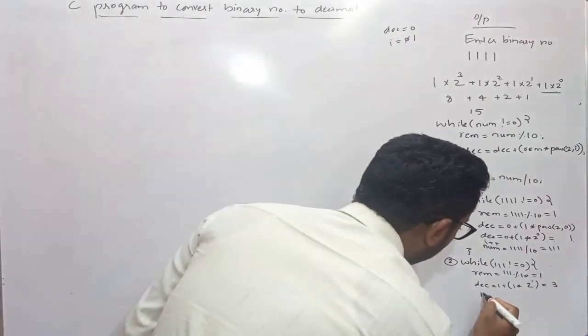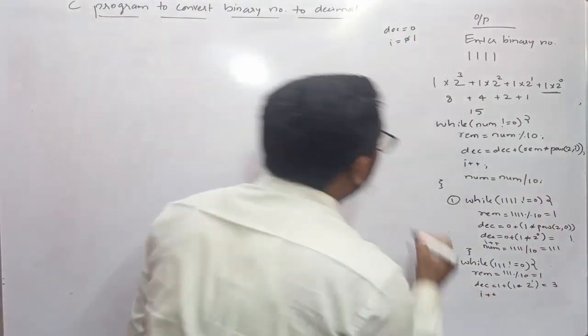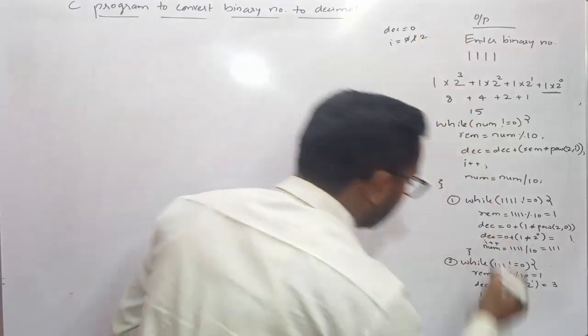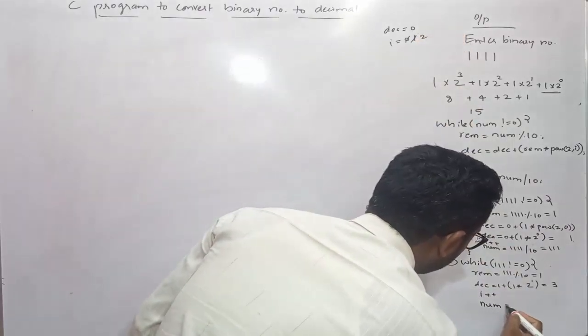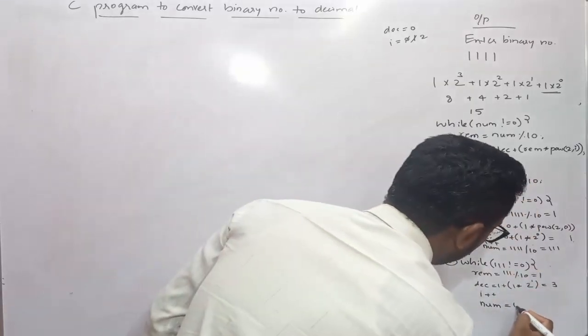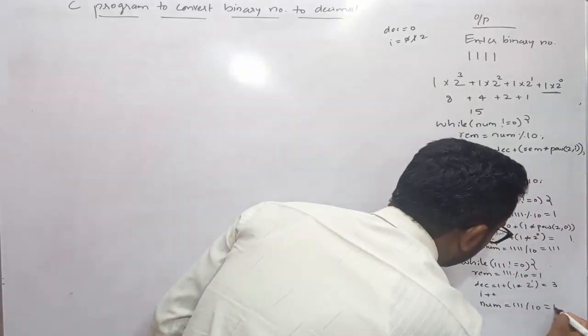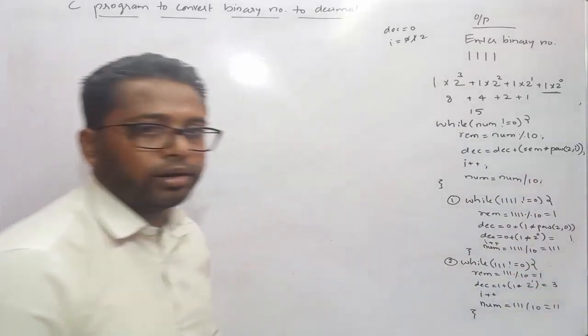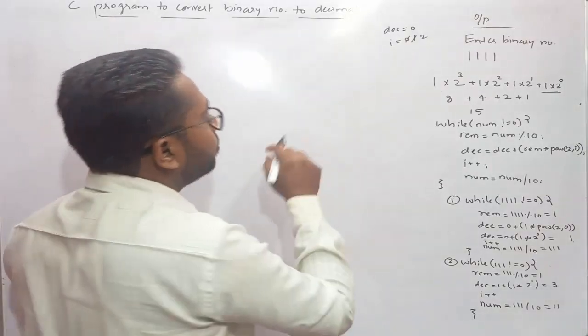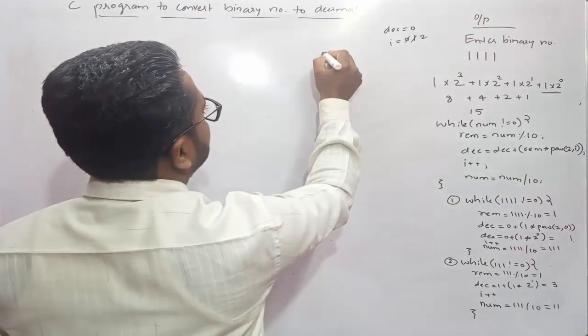Now I need to increment the value of I, so I will become 2. Then num equals num by 10, which is 111 by 10. We have 11. Next we move on to perform the third iteration.